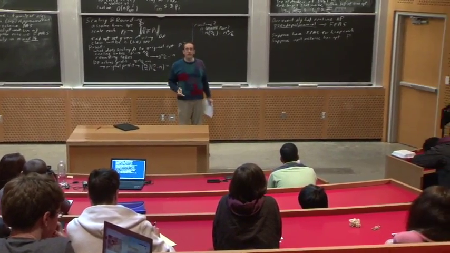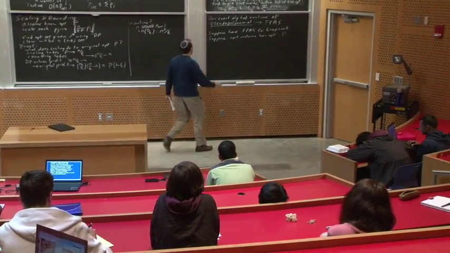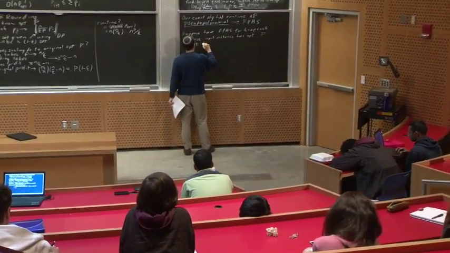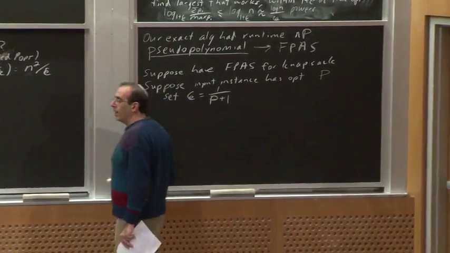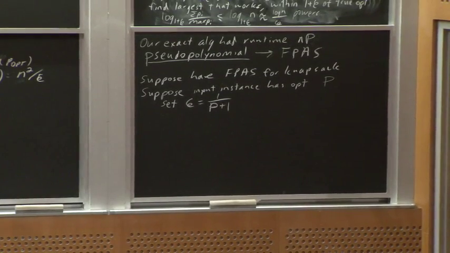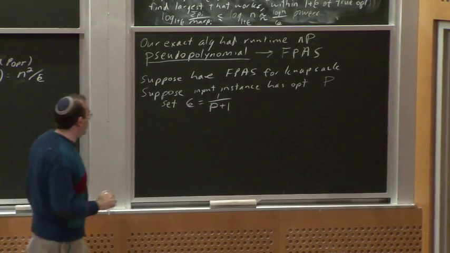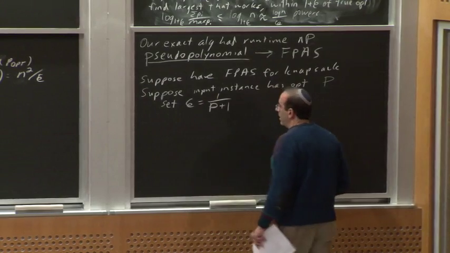Yeah? 1 over p. Right. So let's just set epsilon equal to 1 over p plus 1, just so I don't get in trouble. Shades of our scaling of absolute approximation algorithms, right?